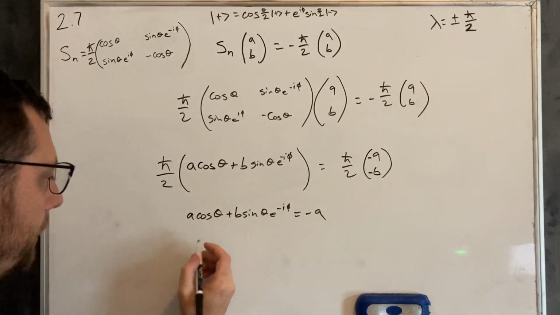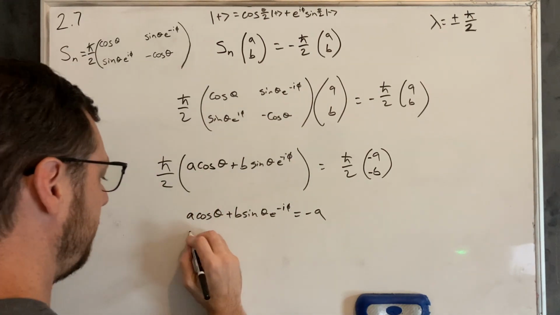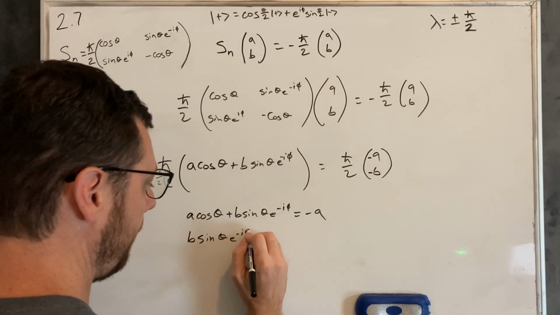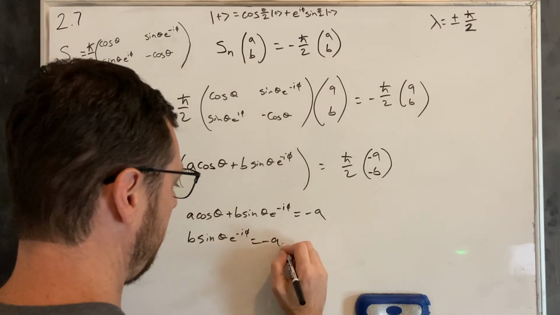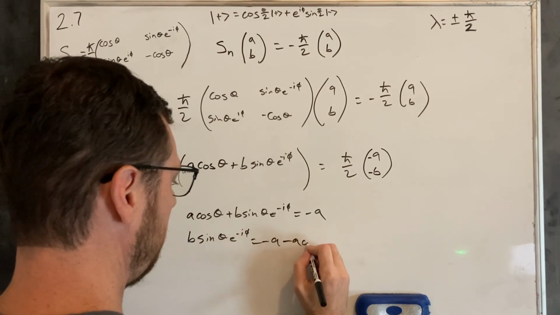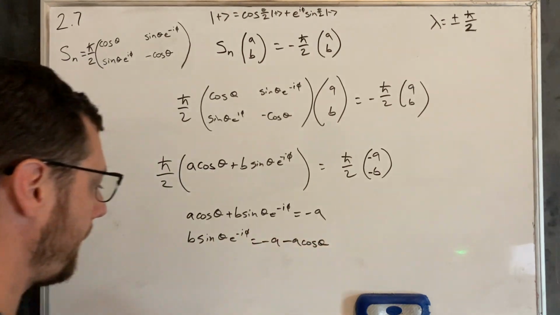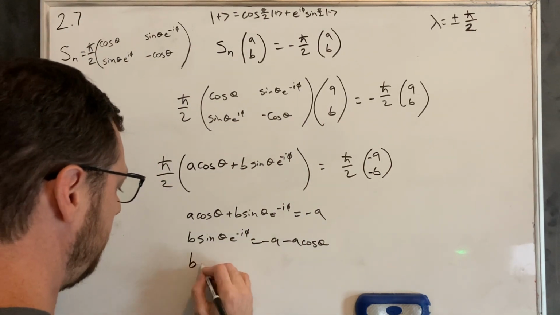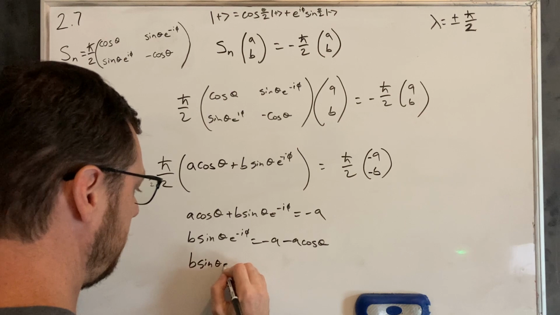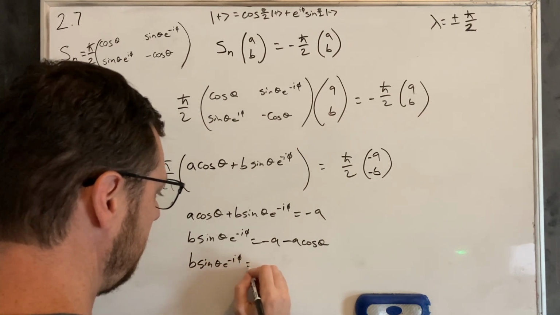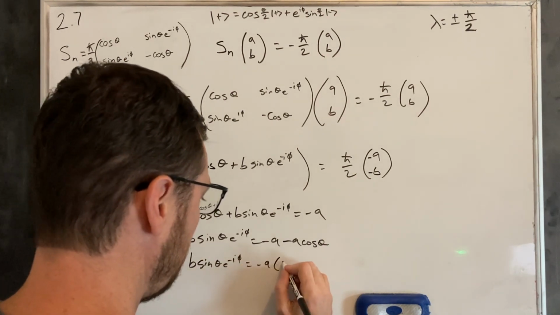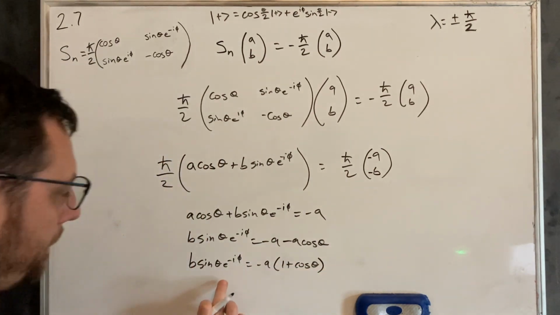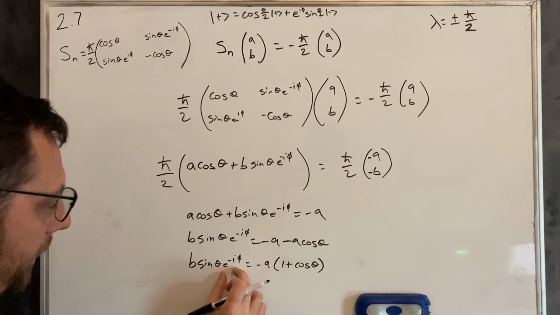And then we can go ahead and solve for b. So I'll bring this over here. So we have b sine theta e to the negative i phi equals negative a minus a cosine theta. We'll go ahead and pull out this negative a. So b sine theta e to the negative i phi equals negative a times 1 plus cosine theta. We can multiply both sides by e to the positive i phi.